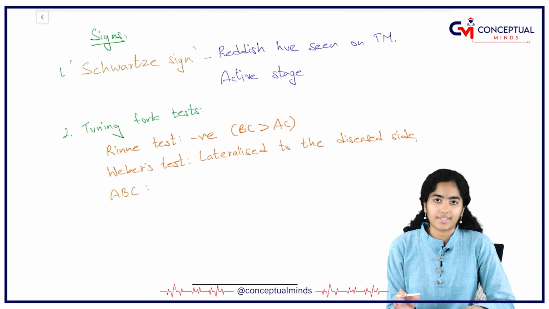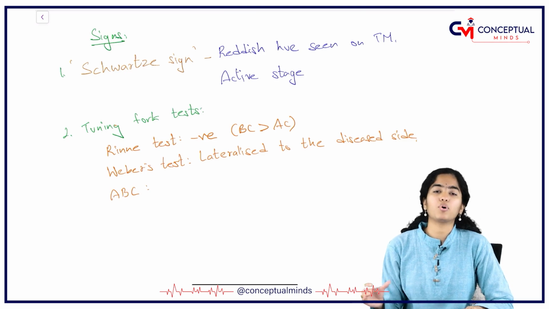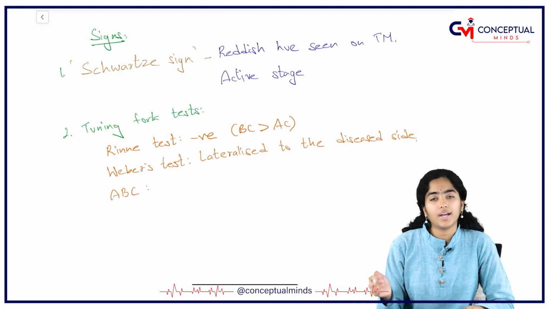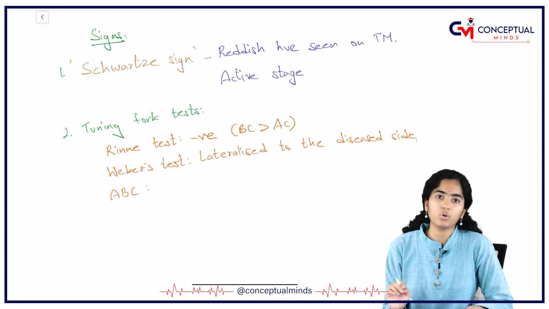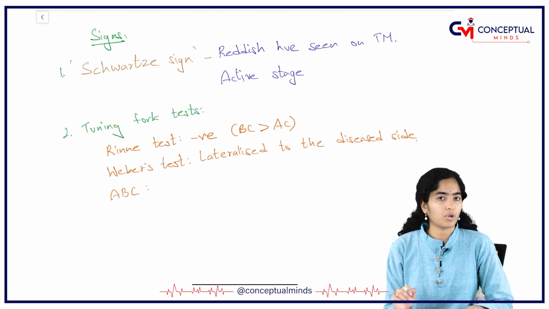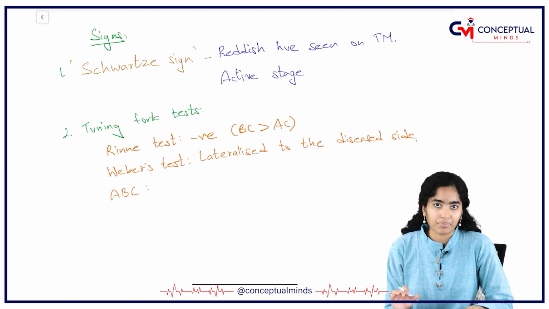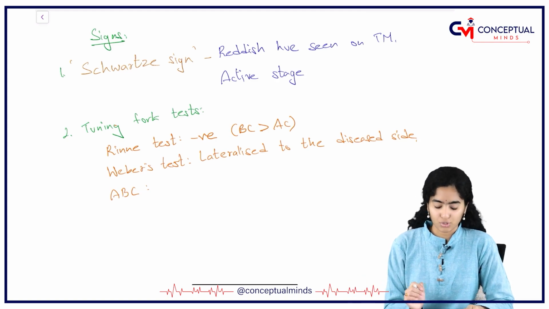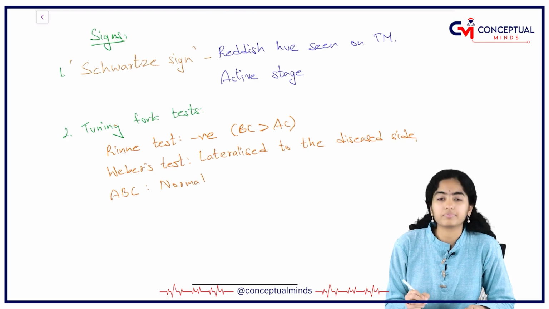Absolute bone conduction test compares the bone conduction of the examiner with the bone conduction of the patient. We are occluding the external auditory canal in this test and checking only for bone conduction. And here there is no problem with bone conduction. So, they both are equally same in the examiner as well as the patient. So, absolute bone conduction test is normal.